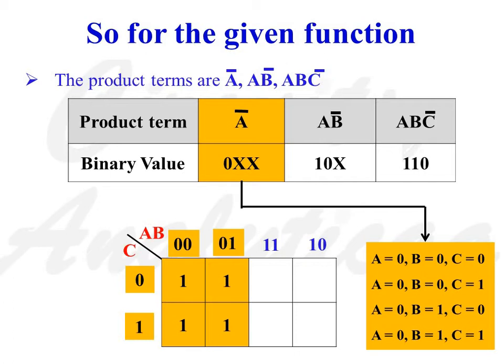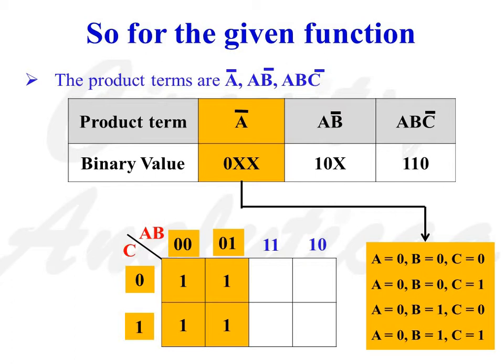For product term A bar, there are four possibilities. A is equal to 0, B is equal to 0, C is equal to 0. A is 0, B is 0, C is 1. A is 0, B is 1, C is 0. A is 0, B is 1, C is 1.